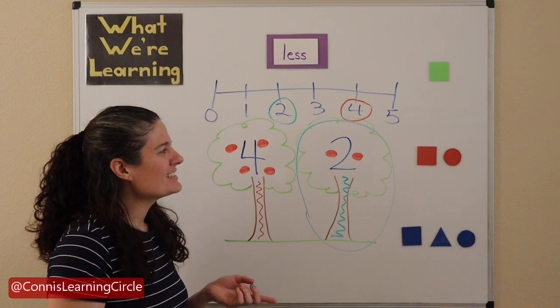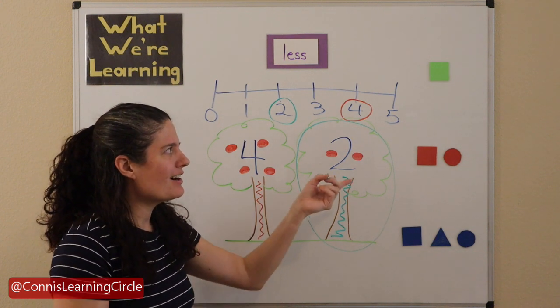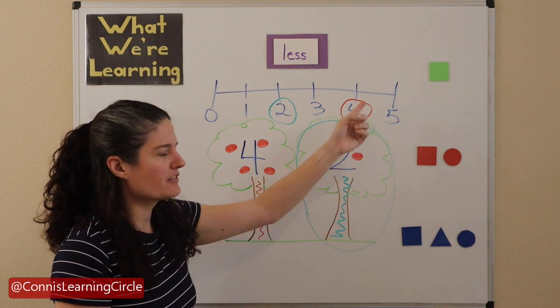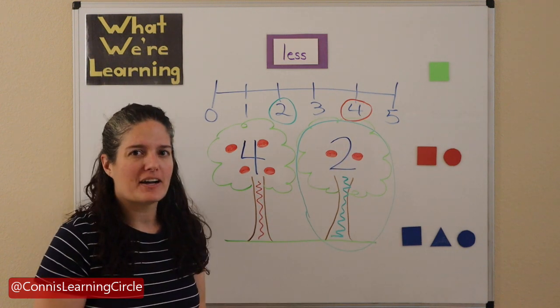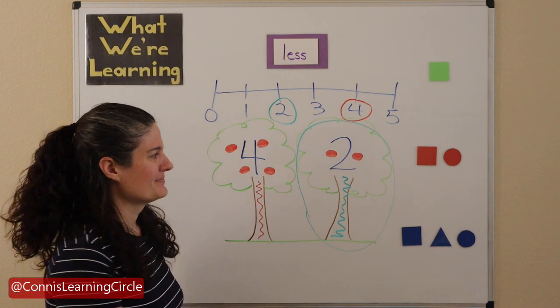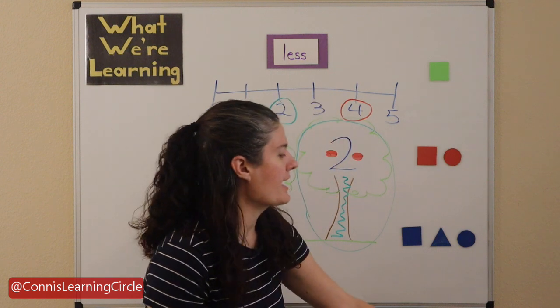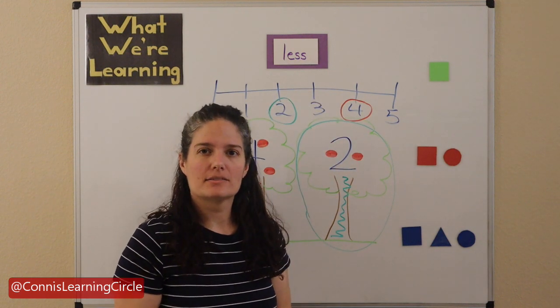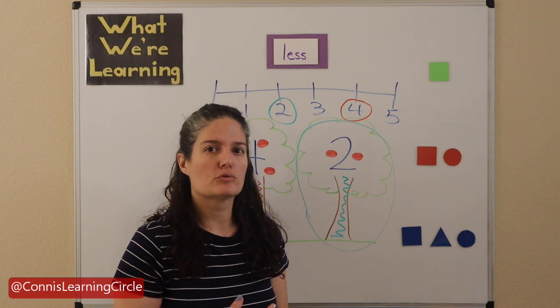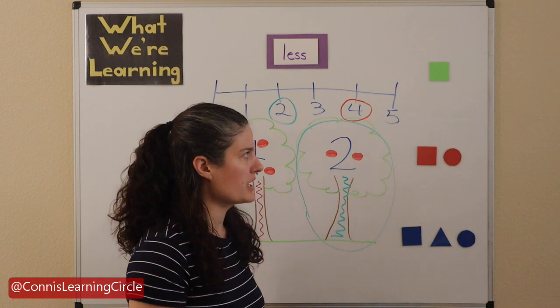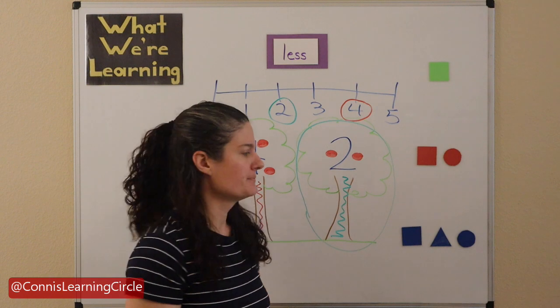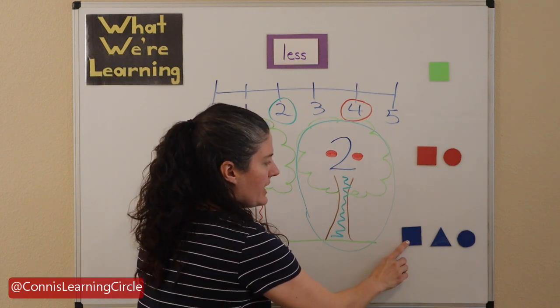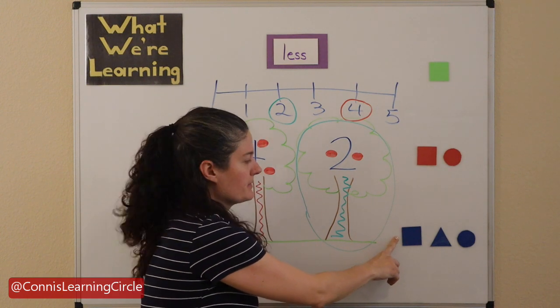Now let's get ready to look at our groups of shapes over here and see if we can find out which group has less. Today we are looking at groups by color. So let's see which group of different colored shapes has less. Down here we have all of our blue shapes.